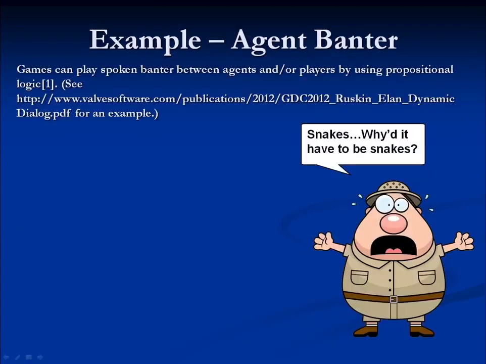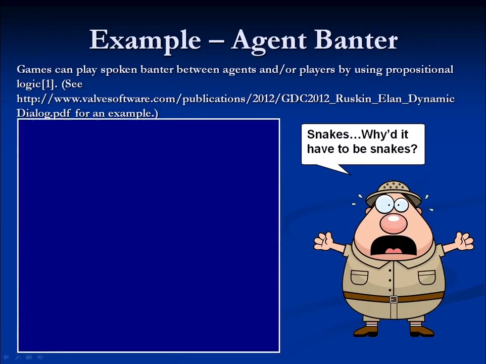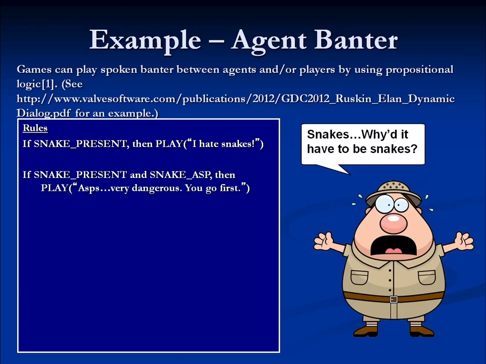One example of how propositional logic is used in games is in agent banter. We can have players whose dialogue is triggered by certain conditions being met. In this example, if a snake is present, then the agent will say, "I hate snakes." If a snake is present and that snake is an asp, then the character will say, "Asps, very dangerous. You go first."